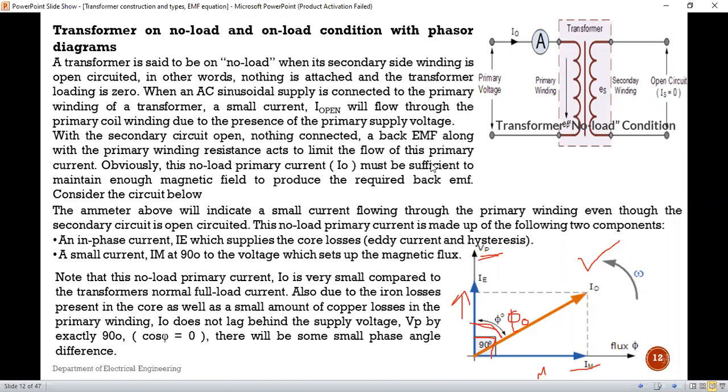All of you getting this? Okay. See, this one is the transformer on a no load condition. This is related to transformer put on no load condition.